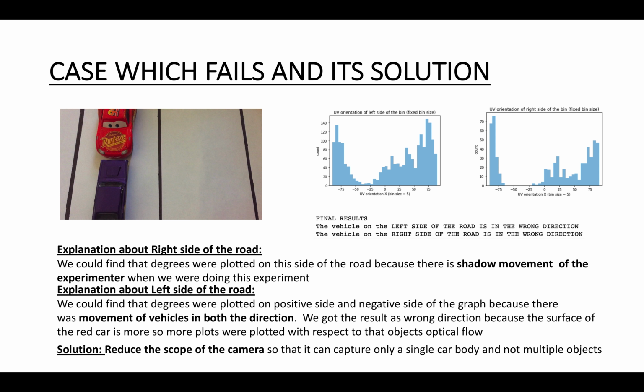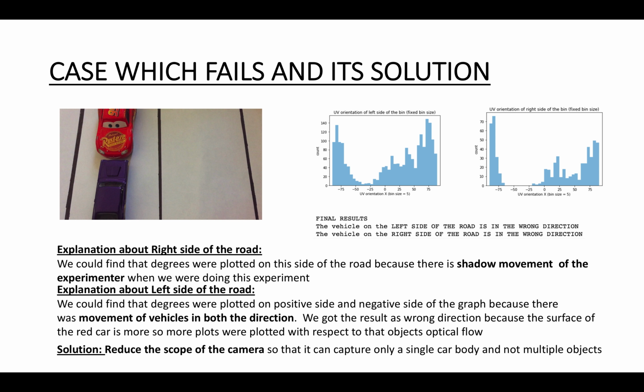For the left side of the road, the vehicles were actually in opposite directions, so that is the reason we get both of them in the UV orientation map. And we found that the output is a wrong direction because the surface area of the red car was much bigger than the surface area of the blue car.